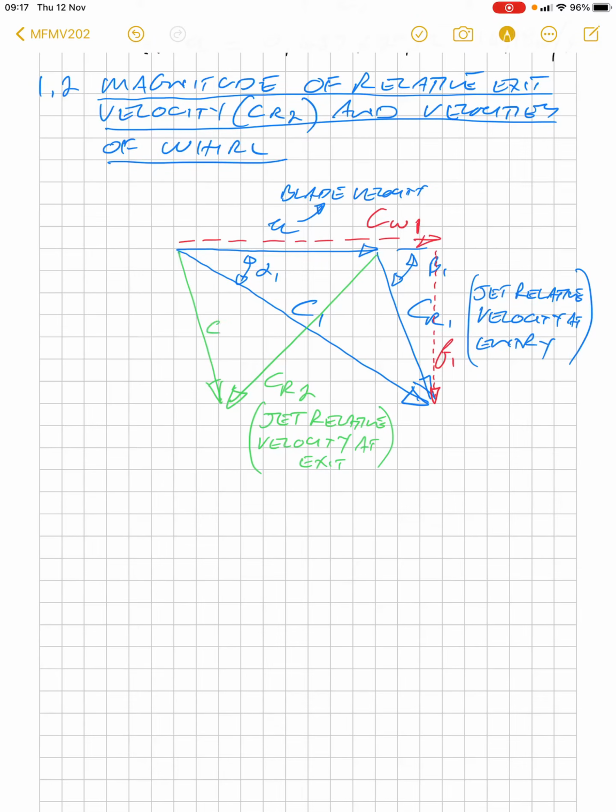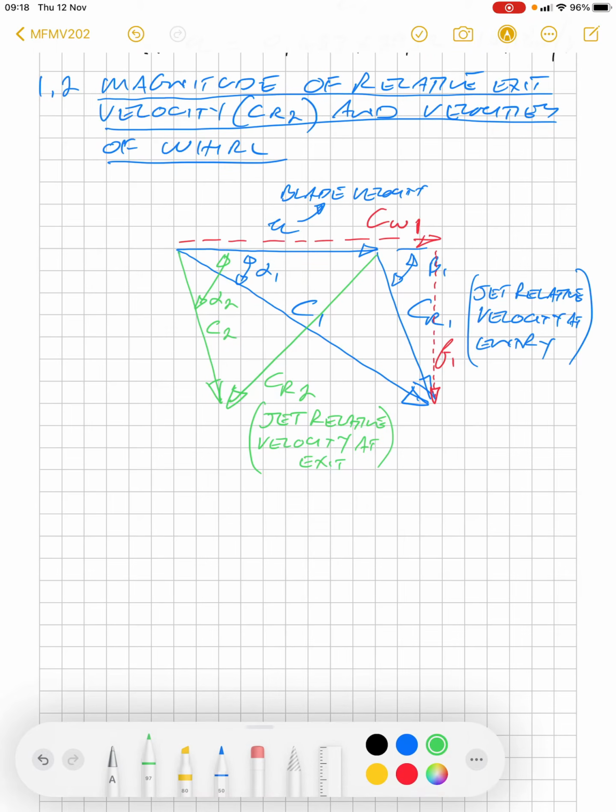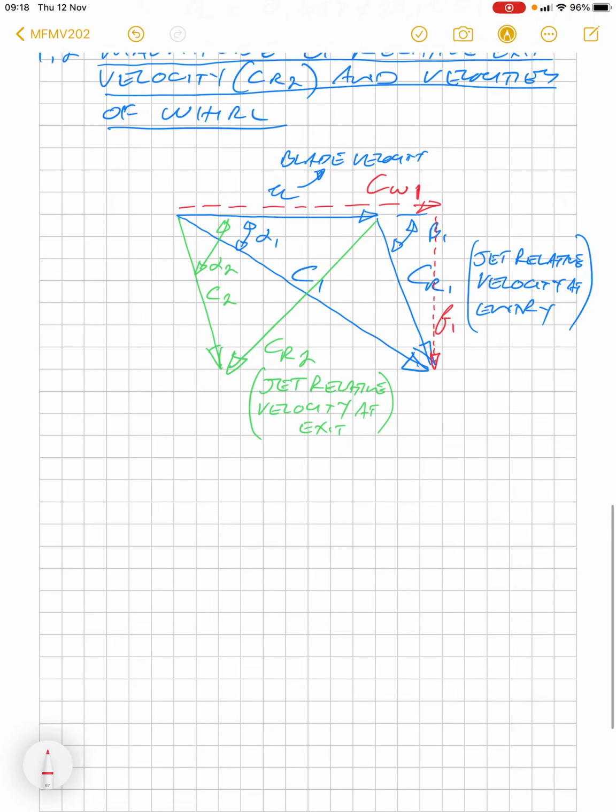And then we've got C2, which is our jet exit absolute velocity. We've also got alpha 2, which is our jet exit absolute angle. Alright, if we look at the components, let's draw those in red.